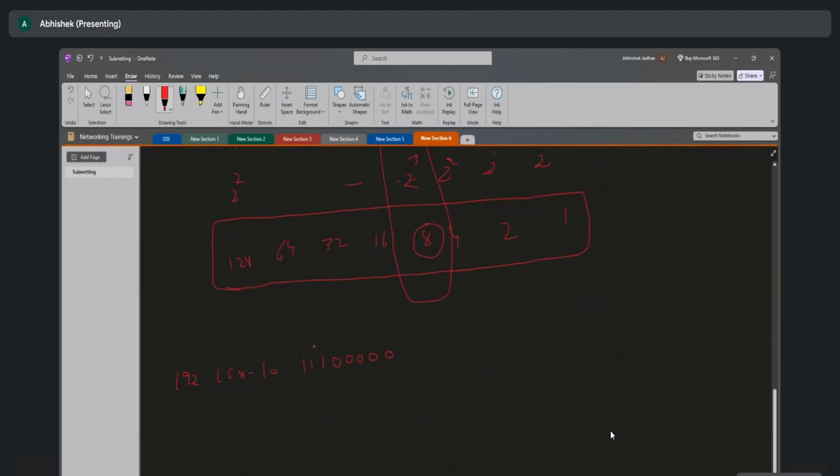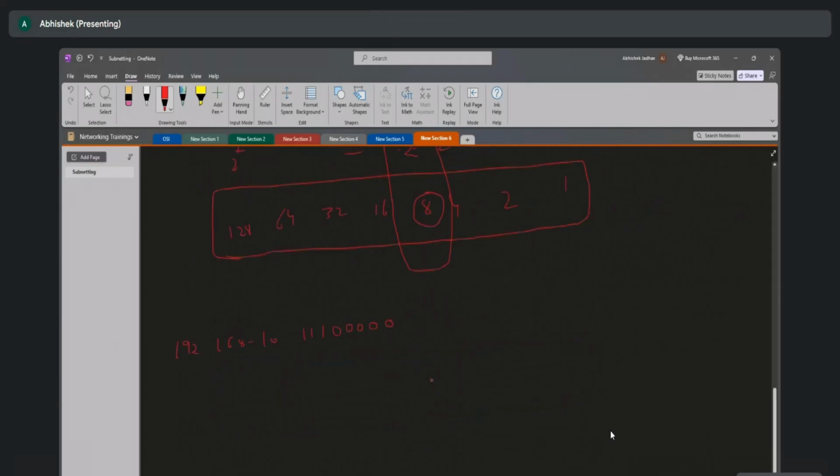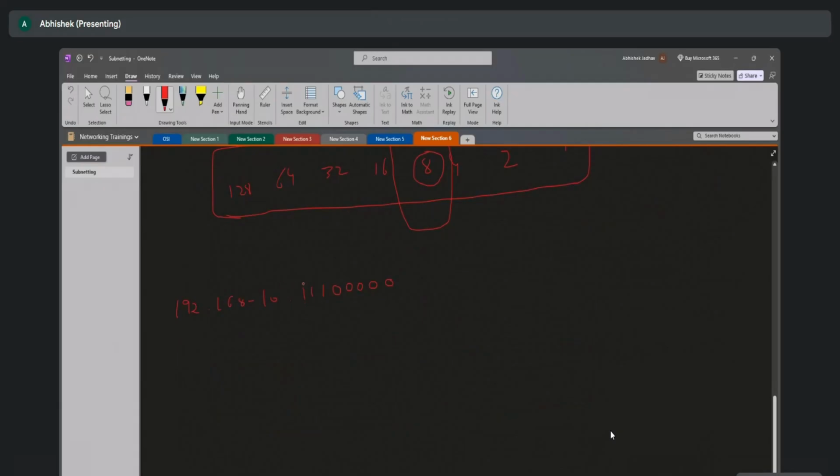And how did we figure this out? We converted the decimals into binary and found out the value for each position. Accordingly, once I get this, I found out that these 3 bits will go here for the calculation part, right?